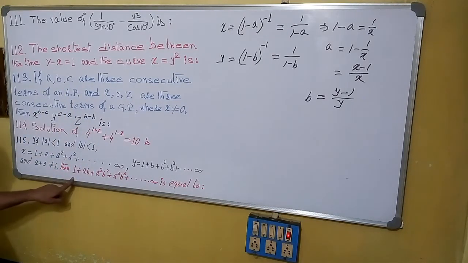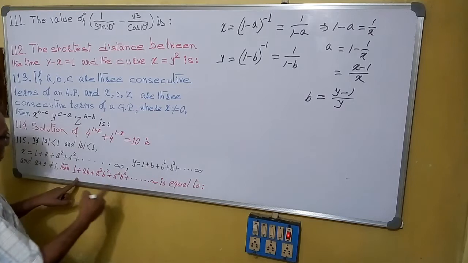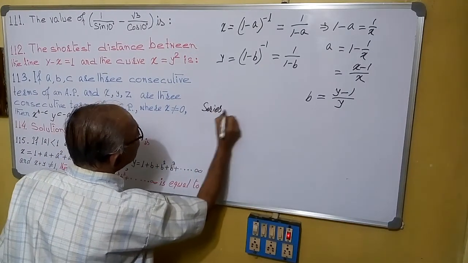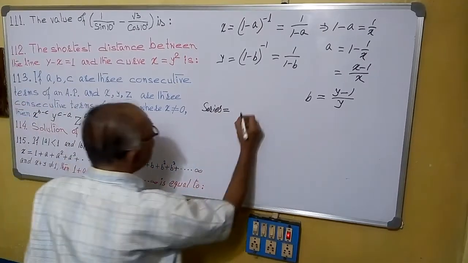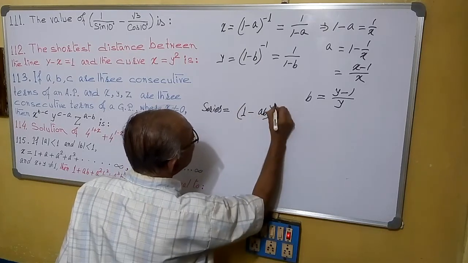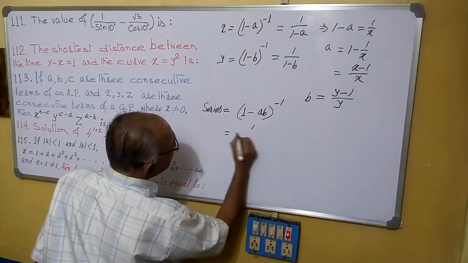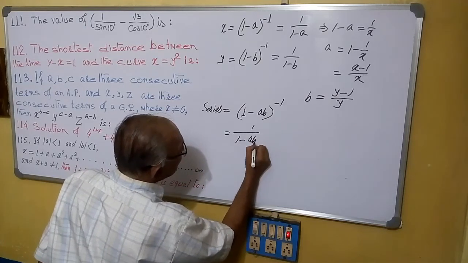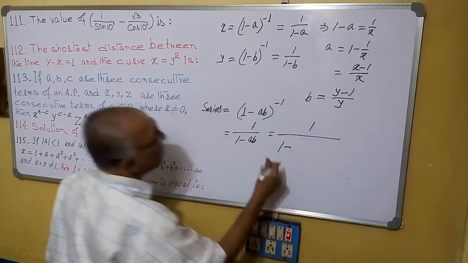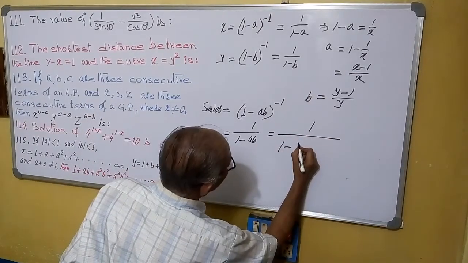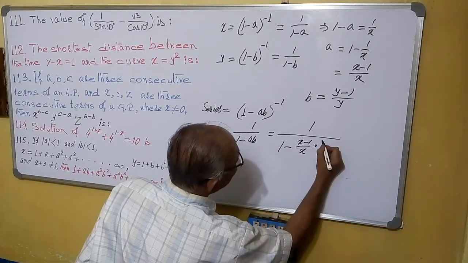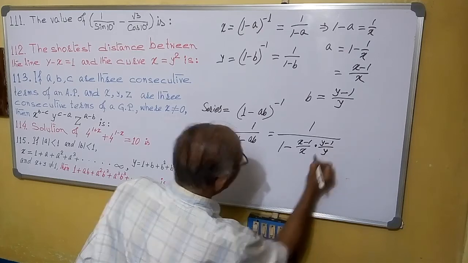From here obviously we can say this series, what is the given series, this equals, in the same style, 1 minus ab whole to the power minus 1, that is 1 by 1 minus ab, equals 1 by 1 minus, what is a, x minus 1 by x into b equals y minus 1 by y.